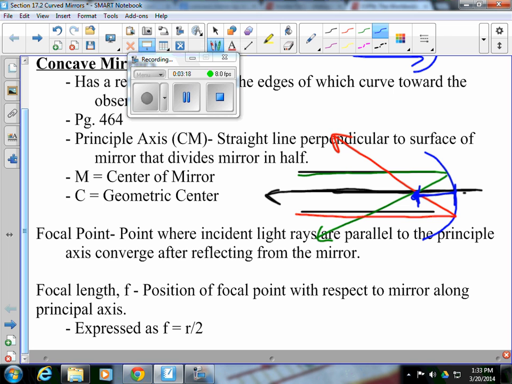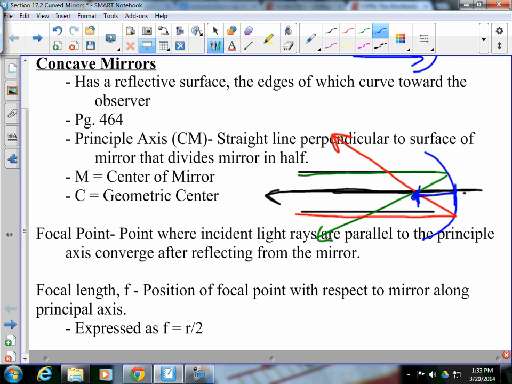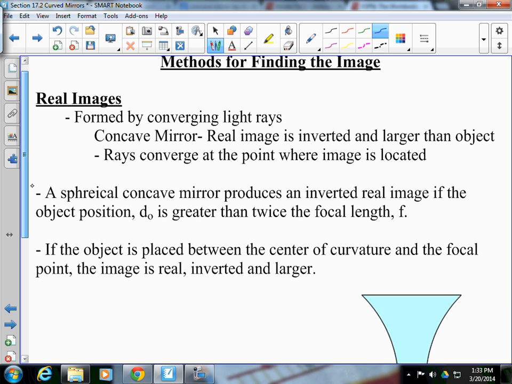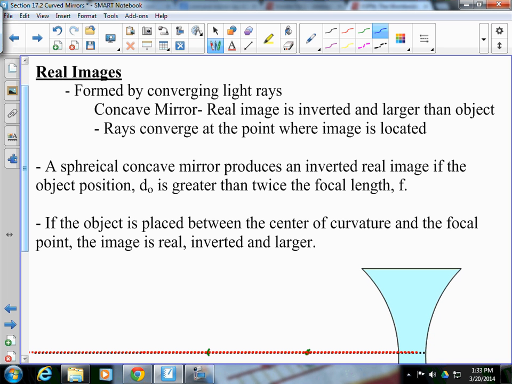Now when we continue to talk about focal length and focal point, we are going to start talking about images and how we know where an image is going to be. So when we find an image for a concave mirror, we can have real images or we can have virtual images.